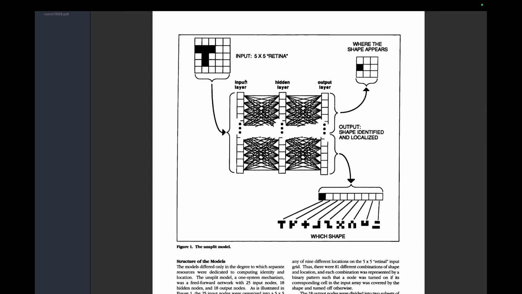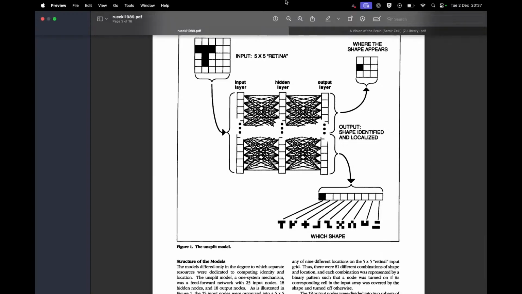Now, the projective field of a hidden unit consists of those output units that have a strong weight on their connections from that hidden unit. So this is how I would describe it. Again, this is just what I think would be the case, right?